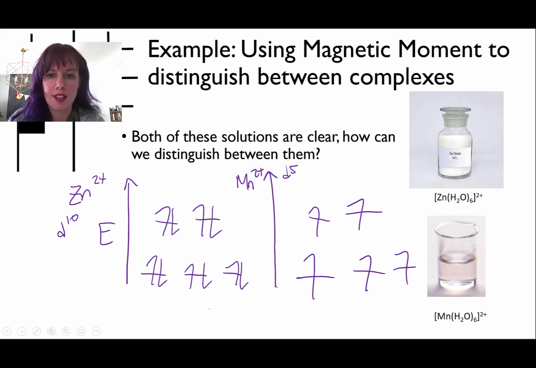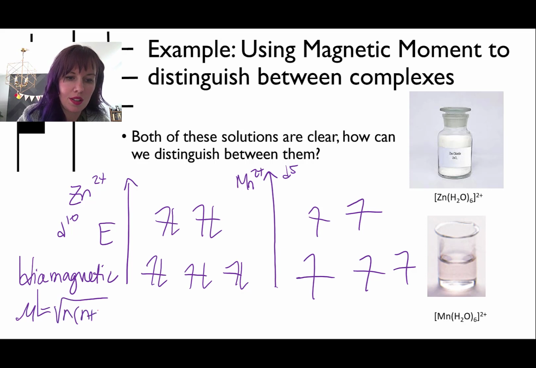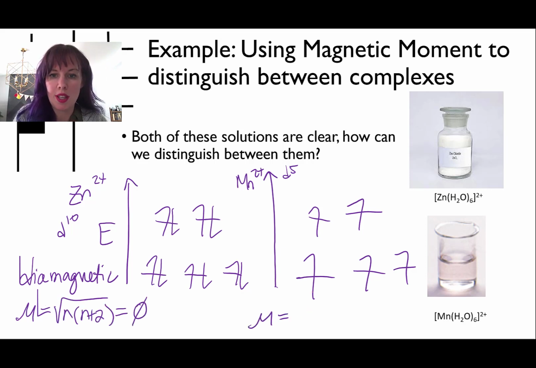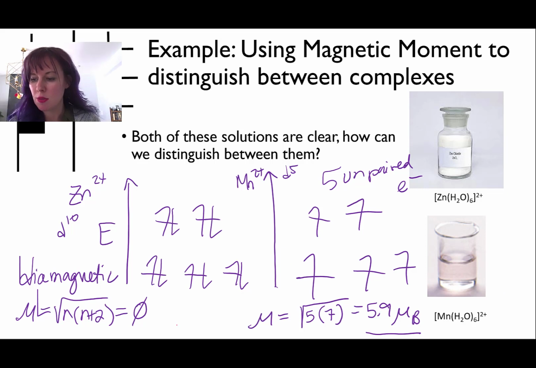And we would find that this zinc 2+ is diamagnetic, whereas your manganese 2+ has 5 unpaired electrons, which would give you a magnetic moment of 5.9 mu sub B. So we have a much bigger magnetic moment for our manganese than we do our zinc. So we could distinguish between the two based on our magnetic moments.